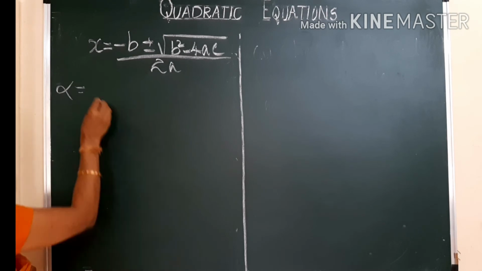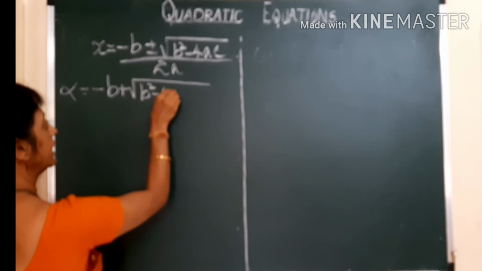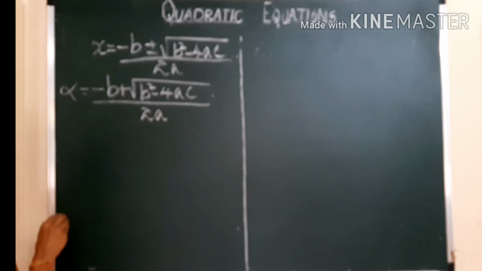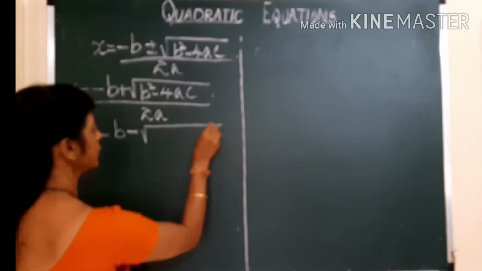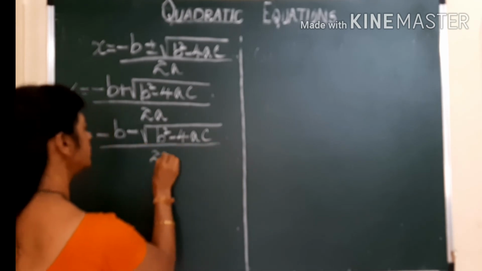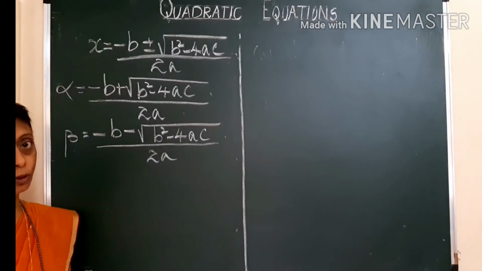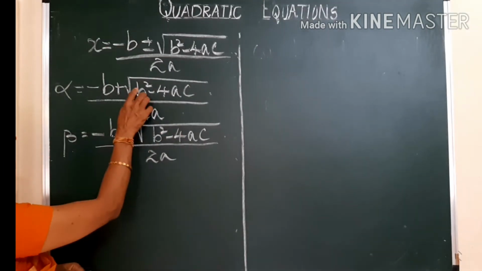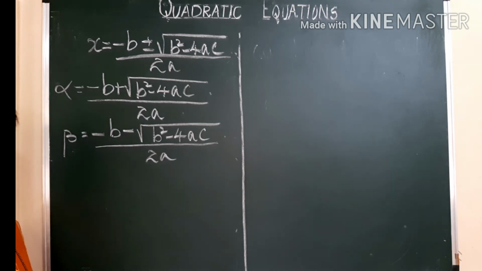Alpha will be equal to minus b plus root of b square minus 4ac upon 2a, and beta can be equal to minus b minus root of b square minus 4ac upon 2a. So children, given to you any quadratic equation, once you know the values of a, b and c in that given quadratic equation, they can be substituted in these formulas to get the roots of the given quadratic equation.